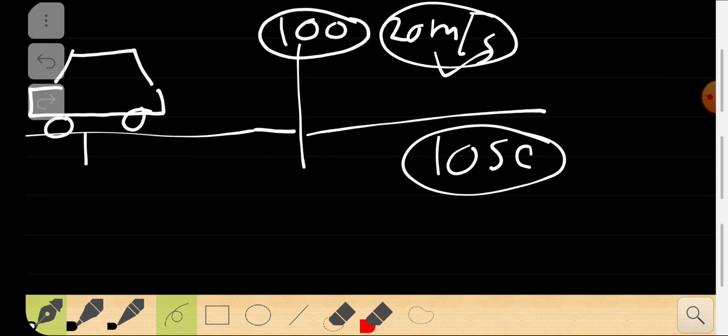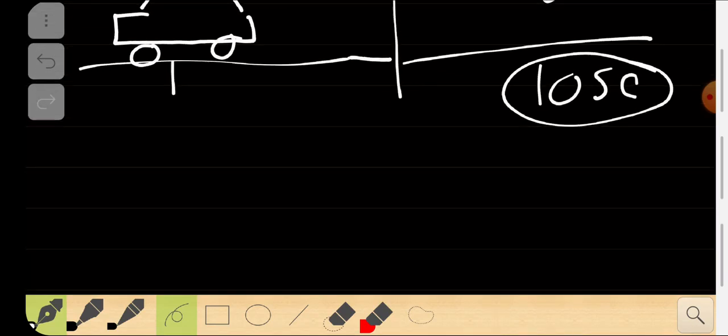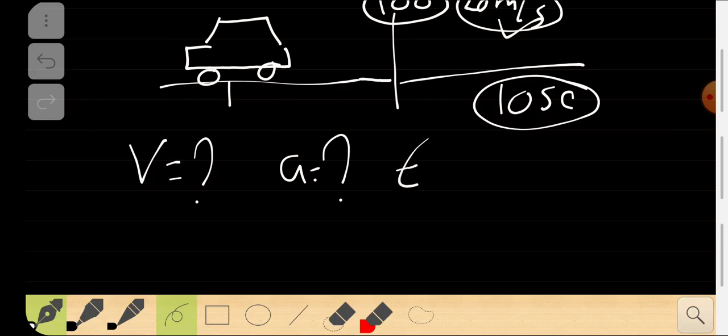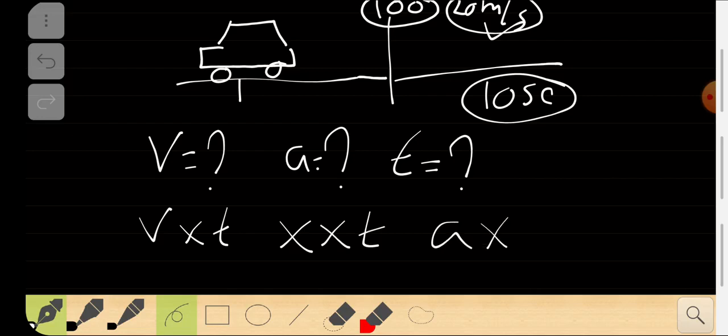The question is: what is the acceleration of this car, and what is the time taken for this whole travel? We also have to plot the velocity versus time graph, the position versus time graph, and the acceleration versus time graph.